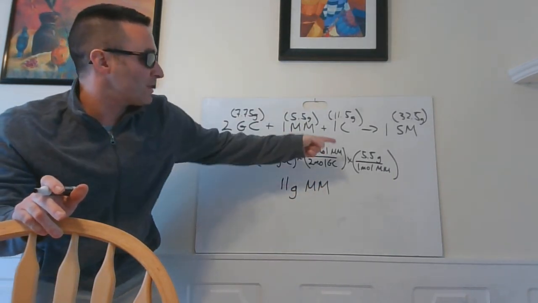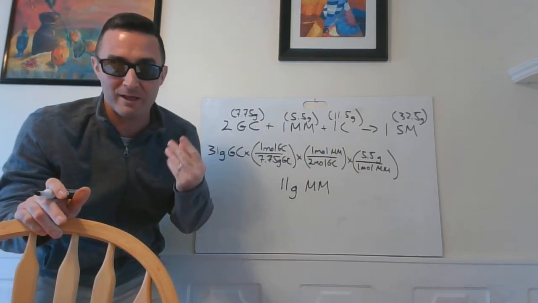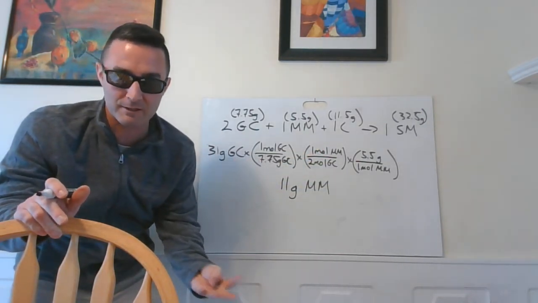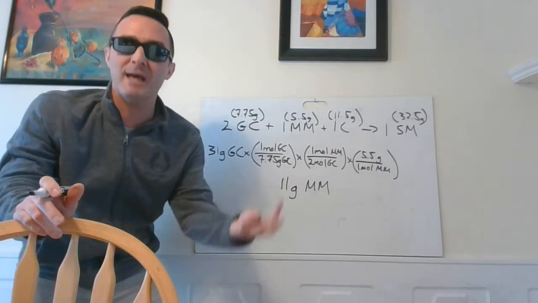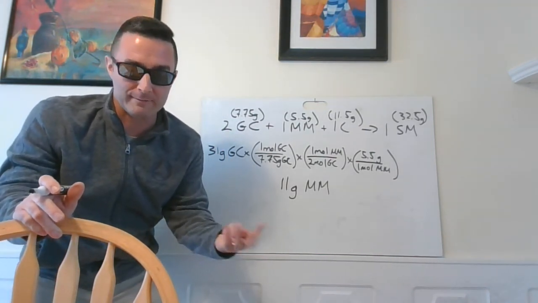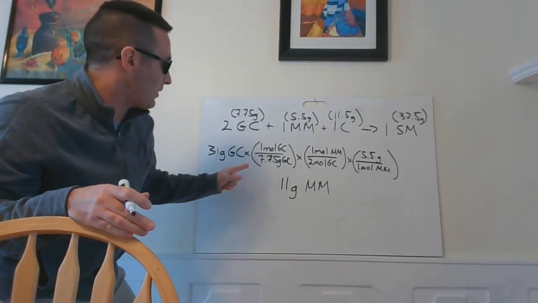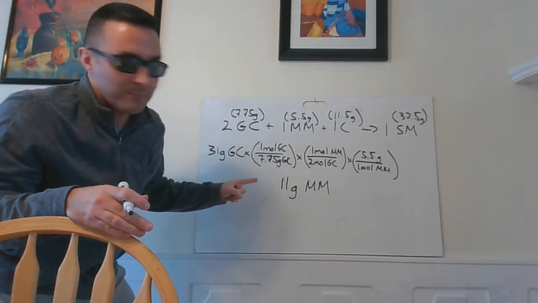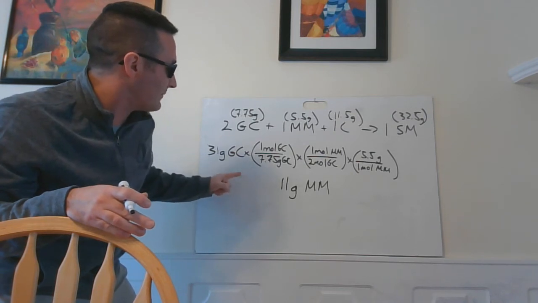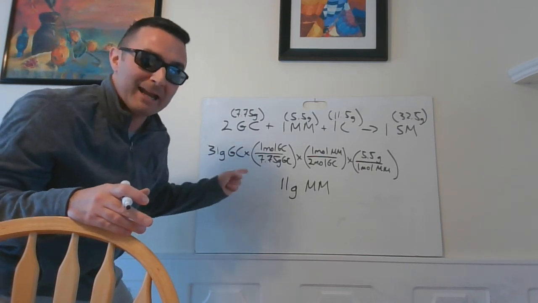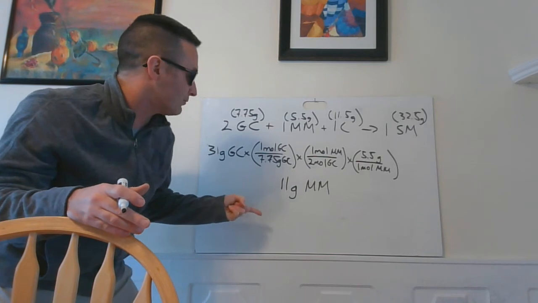Well, let's do the same thing with chocolate, and hopefully it's becoming a little bit obvious at this point, or at least not so intimidating. I'm going to leave this first step, because this first step is the same no matter what. We've got to get out of grams into moles.